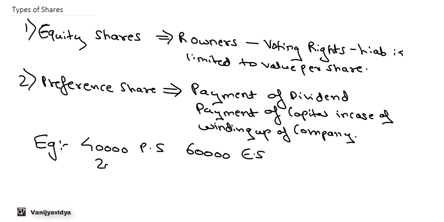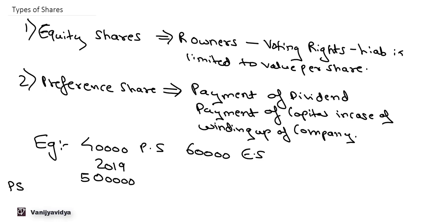Now, in 2019, the profit after tax and everything was 5 lakh of the company. Now, it was decided that the dividend of rupees 2 is given to preference shares and 3 to equity shares. So now, dividend for preference shareholders will be given first.